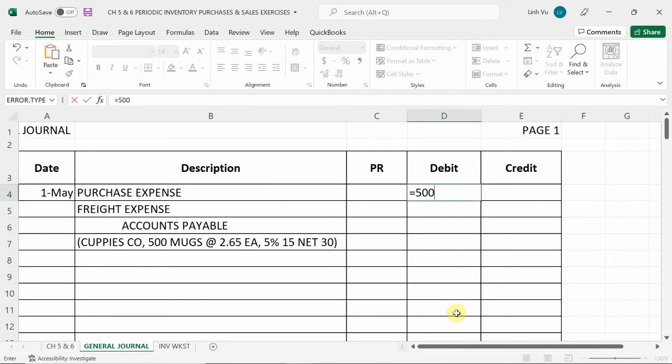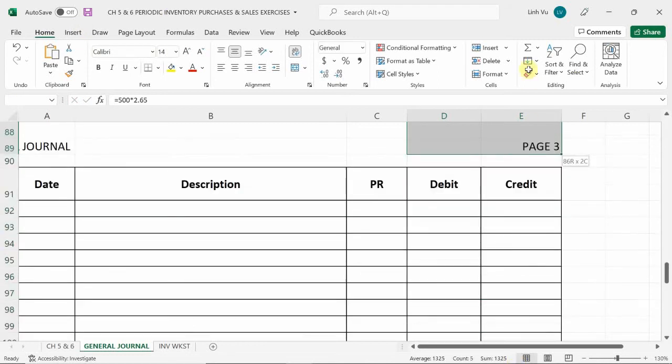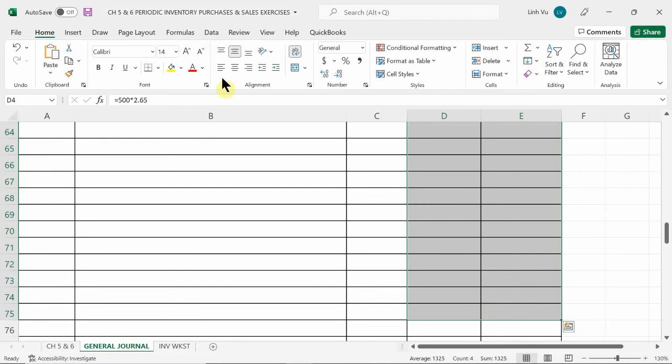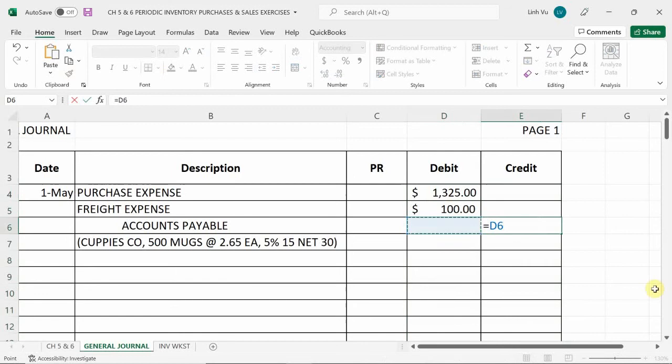If I purchase 500 units at $2.65 each, $1,325. Okay, good. Freight was $100, so therefore you should have a grand total of $1,425.